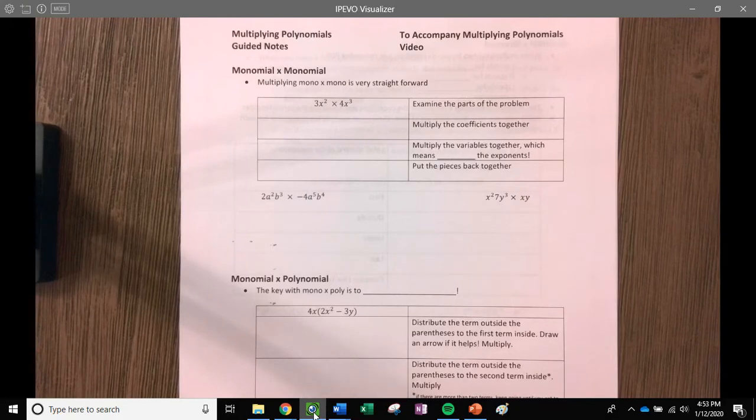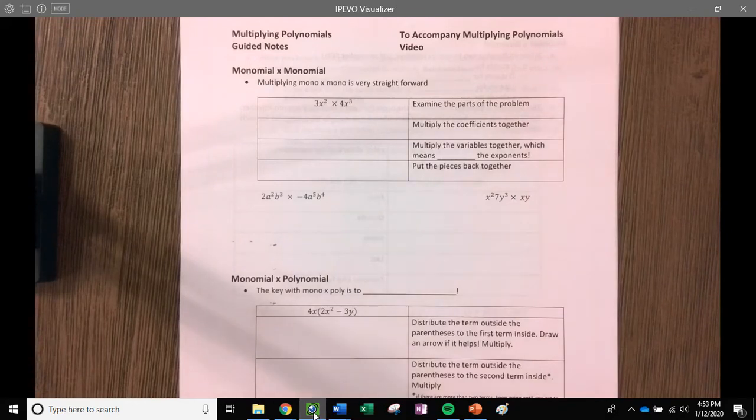When we are talking about multiplying polynomials, you know that there's a bunch of different classifications of polynomials. So we're going to take this stage by stage in terms of the multiplication. The easiest and most straightforward one is multiplying one monomial by another monomial, just a term by a term.